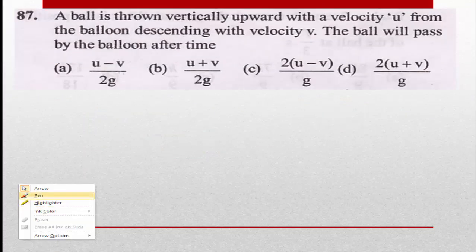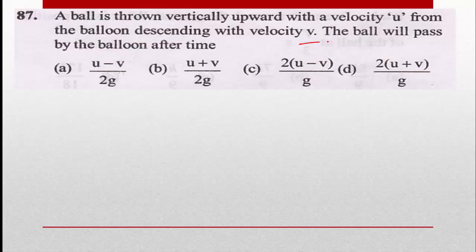And then question number 87. A ball is thrown vertically upward with a velocity u from a balloon descending with a velocity v. The ball will pass by the balloon after time. Here, the ball moves with the balloon or the balloon moves with the ball.